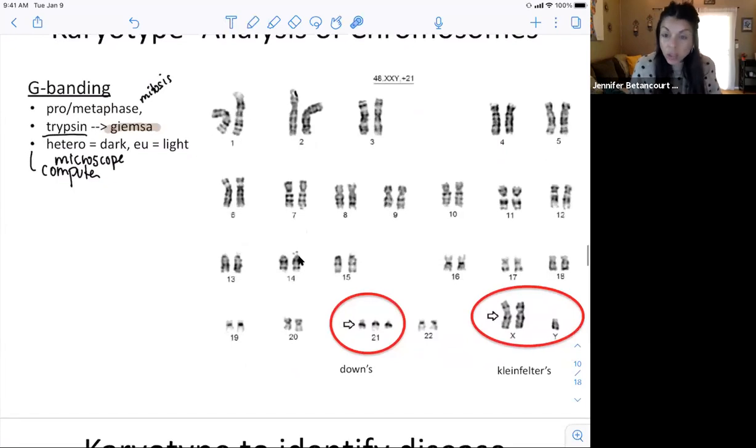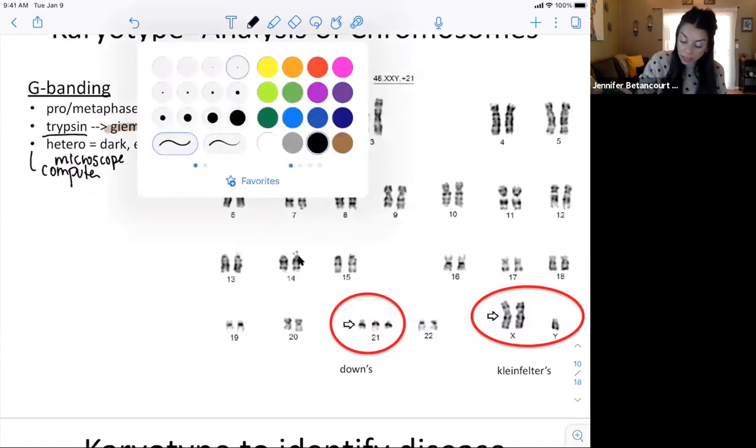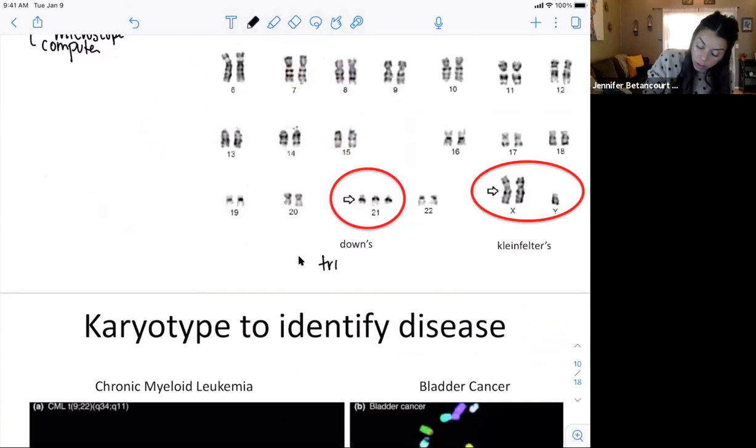All right. And so what you can see from this karyotype, there are 3 chromosome 21s. I don't know if this came from an embryo or from a grown adult, I have no idea. But I do know it came from a human because there's 23 of them. So this individual is trisomy 21.